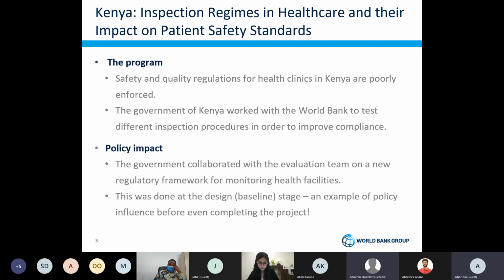And what they found in the end is that when a number of health clinics were all located within the same geographical area, and they all were part of the treatment group, so they were all being inspected, and in some cases they were all having the results posted, this greatly increased the effectiveness or the compliance of these health facilities, because there was competition within that area.